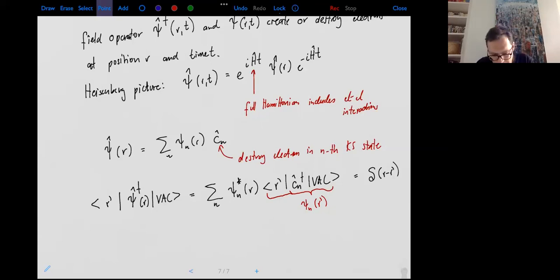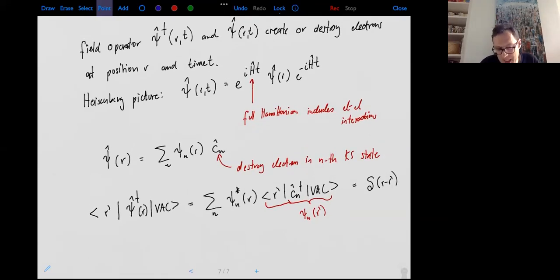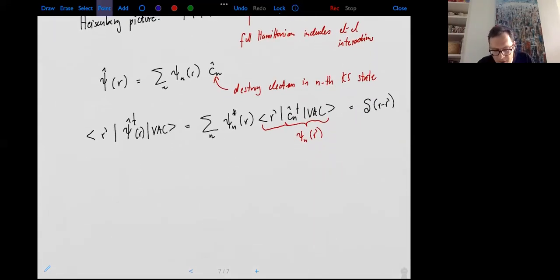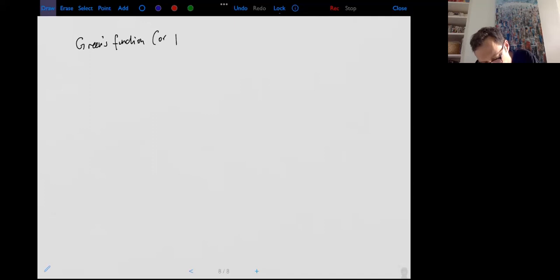All right, so these are these field operators which allow us, as I said, to create or destroy electrons, which of course corresponds to these experimental processes that we probe in, for example, photoemission spectroscopy. So now we're in a position to introduce this concept of a Green's function, sometimes also known as a propagator.